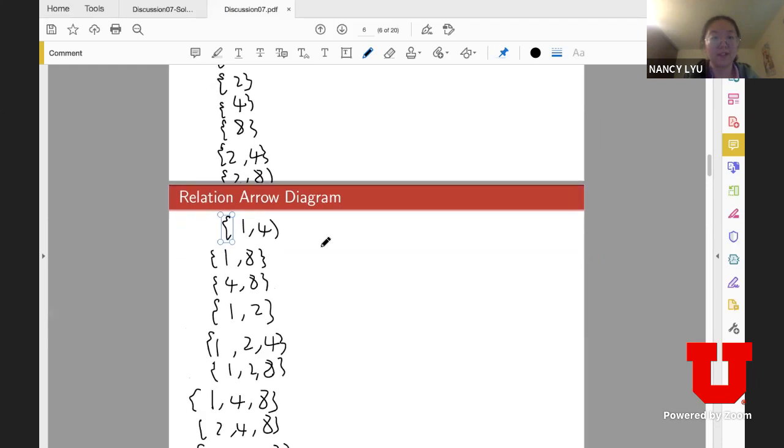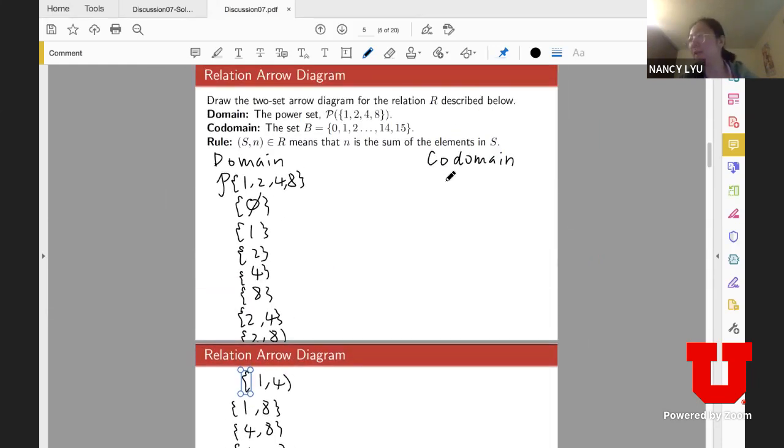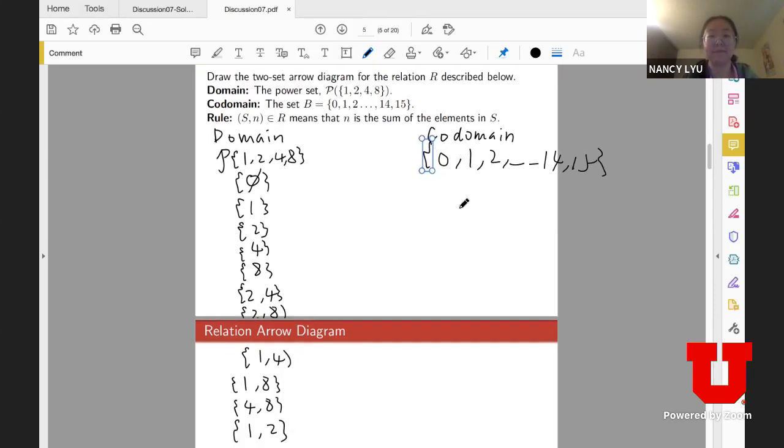That's really long. And what about the codomain? For the codomain, we have the set, so it's not the power set, but only the set itself, all the way up to 14 and 15. So what's going to be in the codomain?